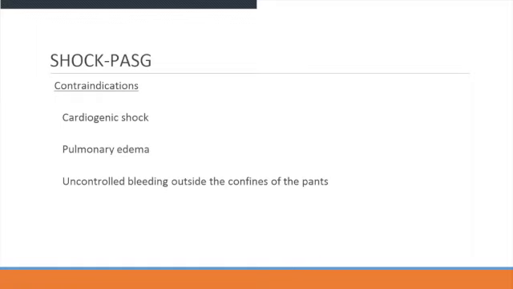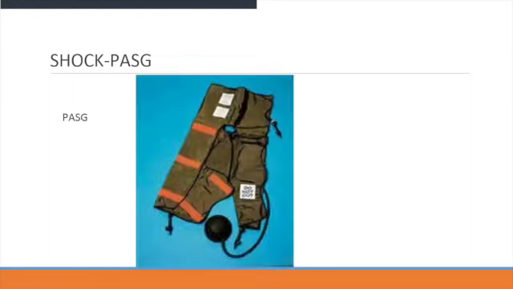It's going to increase preload, and if you have a patient that is suffering from congestive heart failure, especially left-sided, it can actually cause their pulmonary edema to get so much worse because it's going to start backing up even more fluid into the pulmonary system, and uncontrolled bleeding outside the confines of the pants. So here's a picture of the pants, what they look like.